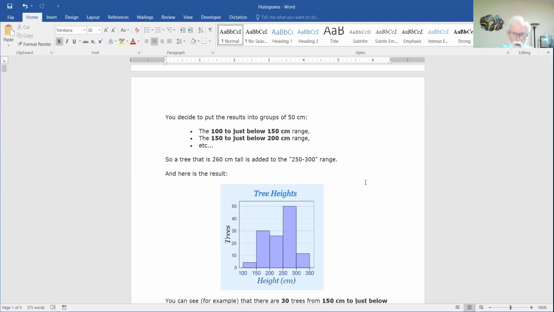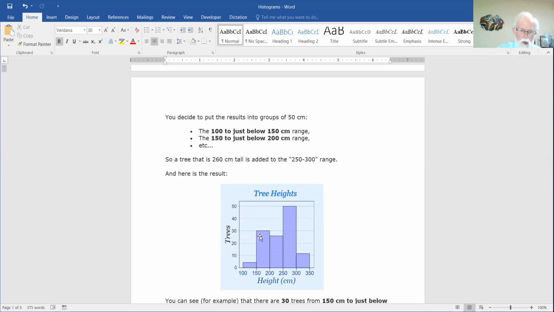We look at the data and see what makes sense. What we don't need to have is a couple of dozen of these bars. That becomes harder to visualize and interpret. So we want to make things sensible and look at those ranges.